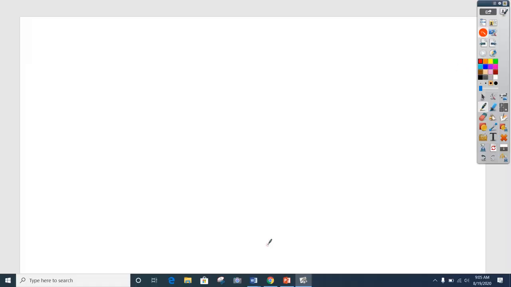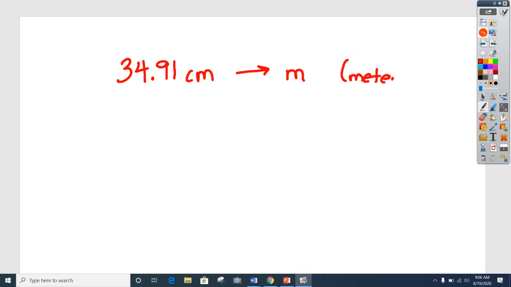Okay, ladies and gentlemen, I'd like to show you one other type of problem before I let you do independent practice. Let's say I give you 34.91 centimeters, and for some reason in a problem, you have to change that to meters. Remember that lowercase m stands for meter. Think through, or write out, King Henry died by drinking chocolate milk.